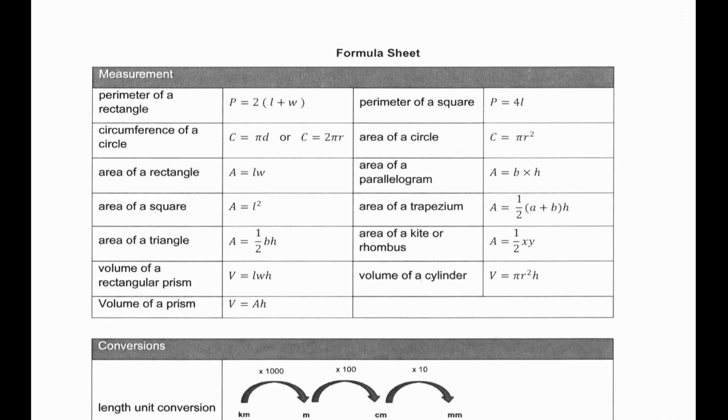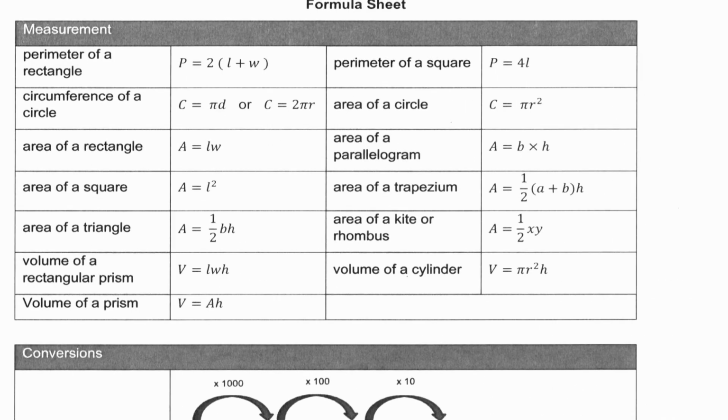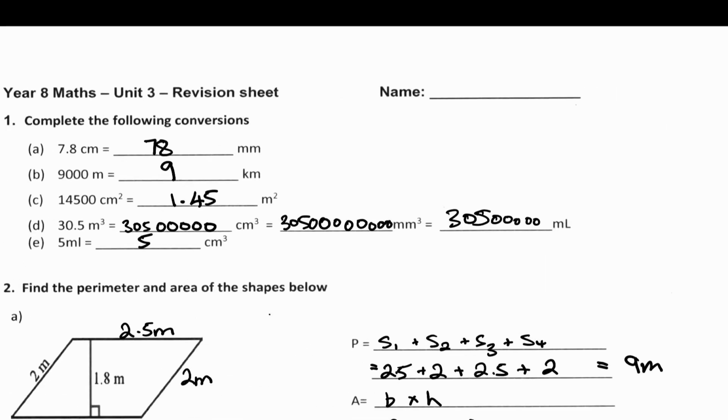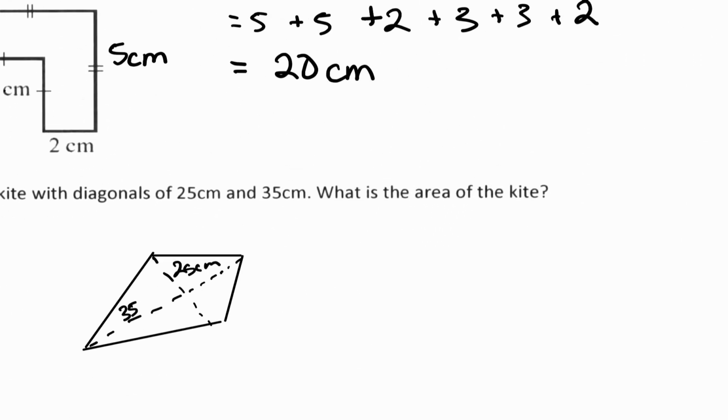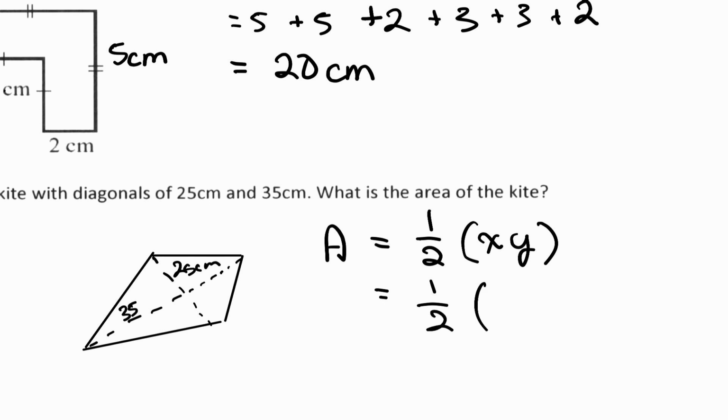So we refer over to our area chart, and we can see here that the area of a kite is half xy. So area equals half xy, which is half of the first diagonal, which is 35, and the second diagonal, which was 25.